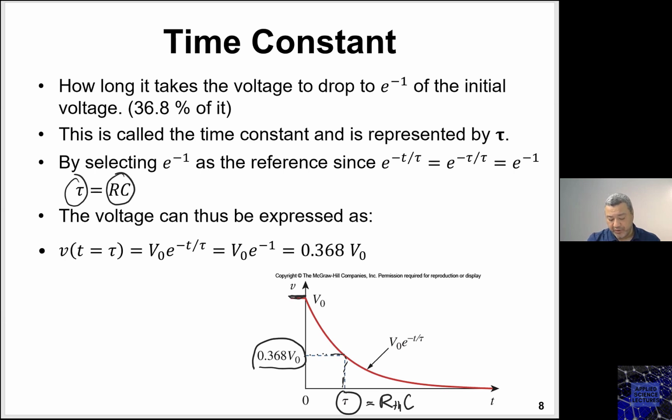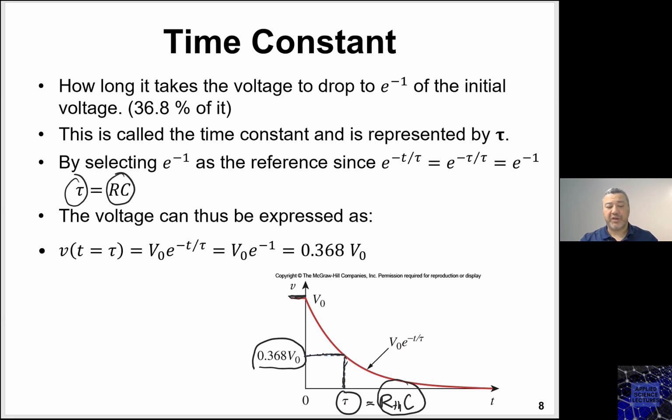So this is the point, 36.8%, which is 0.368 V naught, and this is the corresponding tau, and this tau equals R Thevenin C.